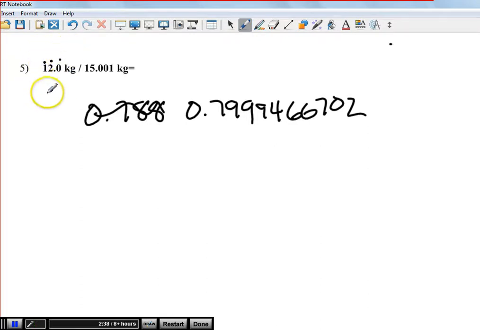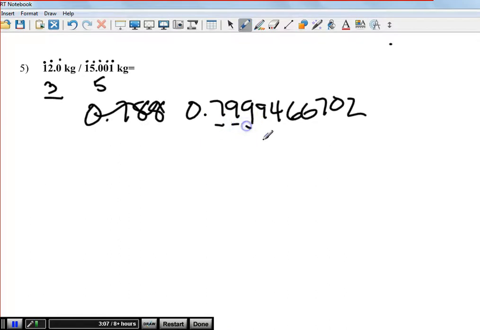The number 12.0 has 3 significant figures. This number, 15.001, has 5 significant figures. So when we're doing multiplication and division, you take the number with the least amount of sig figs, which in this case is 12.0, it's 3, and so we round our value to 3 significant figures.